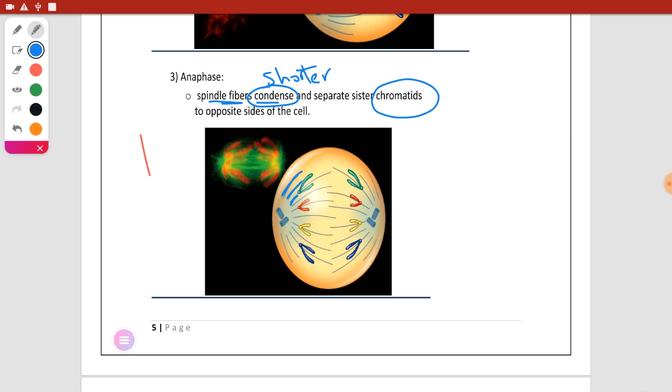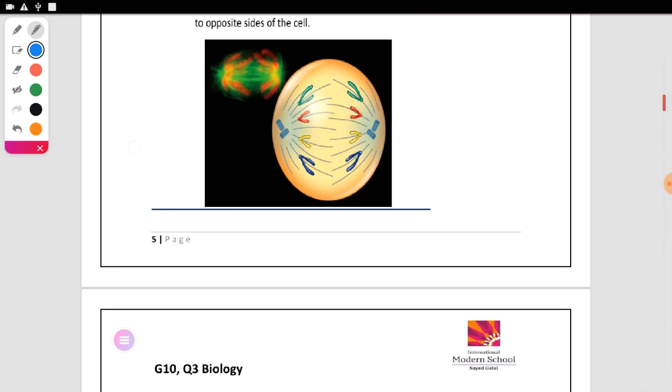So spindle fibers condense and separate sister chromatids to opposite sides of the cell.